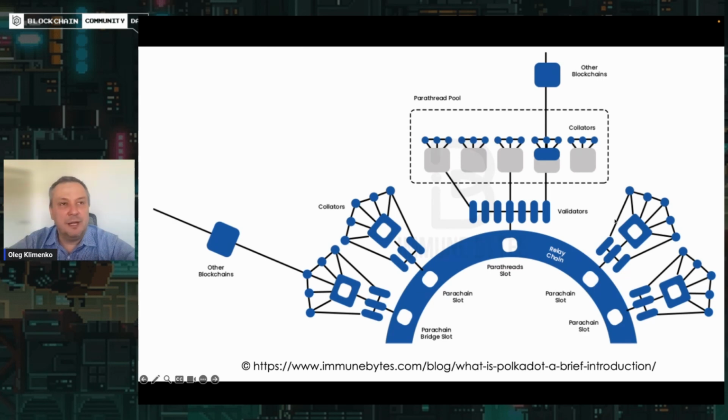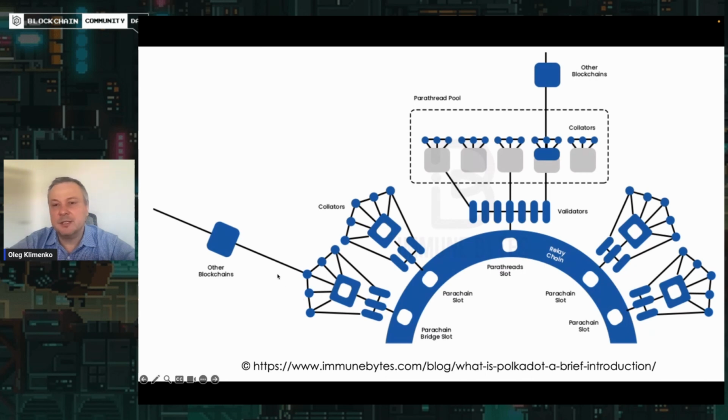There is a lightweight thing named a parathread. So small pieces of external work could also be done in parallel by the relay chain. What is this parallelism for? Parachains could run blockchains in parallel, could communicate with other blockchains like Ethereum and Bitcoin. They could also communicate with off-chain workers.